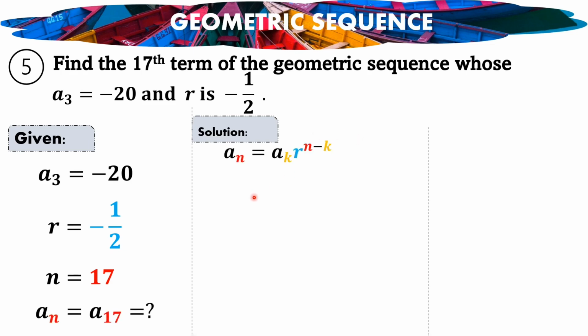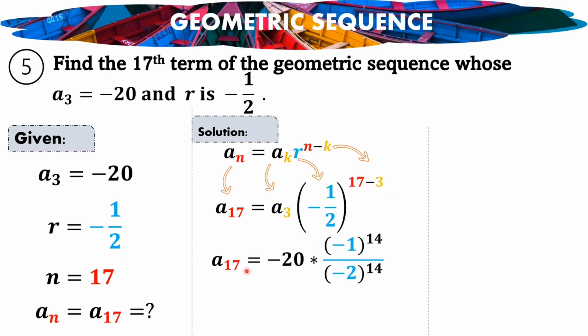Use the second formula. A sub n equals a sub k times r raised to n minus k, where a sub n is a sub 17, a sub k is a sub 3, r is negative 1/2, n is 17, k is 3.